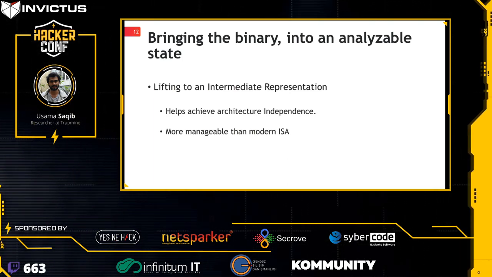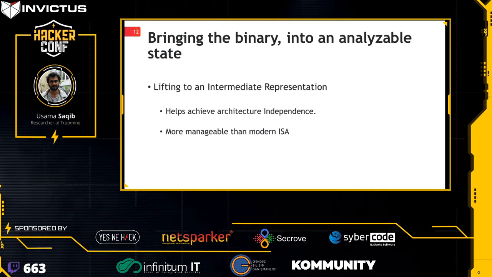Intermediate representations are commonly used in compilers. It is a state the compiler converts the code into for performing optimizations. We do this here for two main reasons. The first, as I discussed in the previous slides, is to achieve architecture independence. Secondly, and more importantly, we do this so we don't have to deal with monstrous instruction sets such as x86 and ARM.